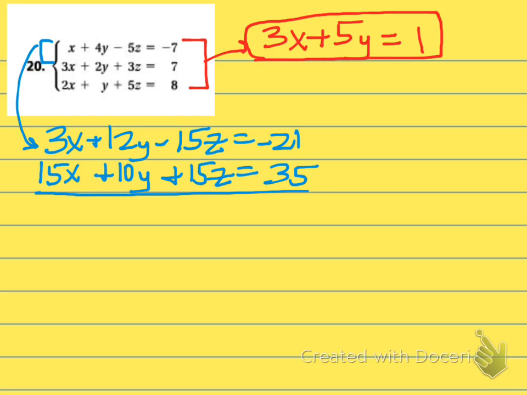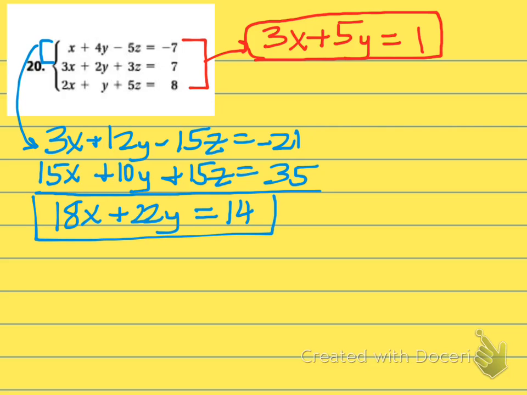Now if I combine those two, I have 18x plus 22y, no z's, and that's equal to positive 14. So my first goal is complete.